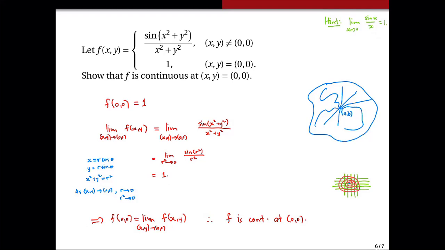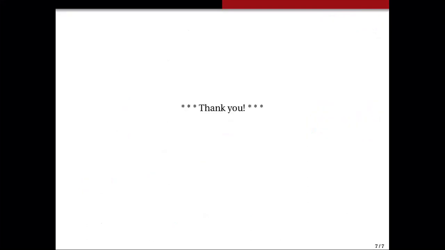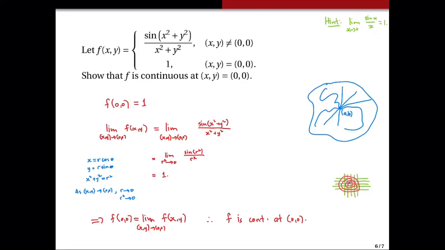Sir, do we need to go through polar, knowing that the limit of sine x over x equals 1? Yes, you know that the limit of sine x over x equals 1 as x approaches 0. But this is for single values, I mean single variables.